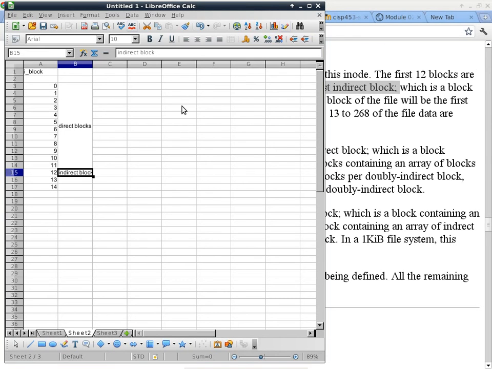Can we assume that those first 12 blocks are linear, or in line? Nope, they can go all over the place.